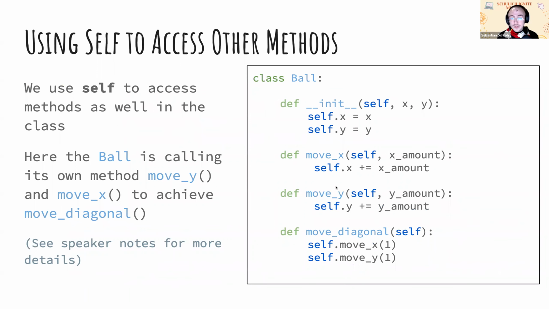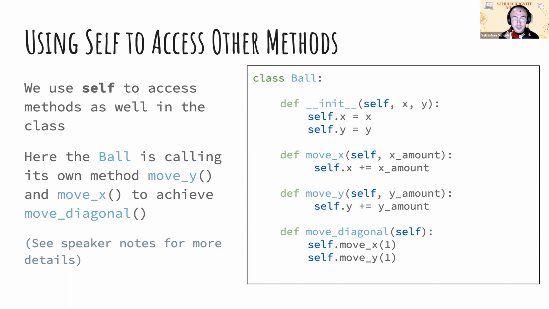And we can also use self within our classes to access other methods, kind of like how we access the properties from our constructor. On the right there, we see self.x, self.y, and if you remember from last time when we were creating our platform and our player, we could access those in other methods. You can do the same thing with methods within a class. So here, for example, we have the ball class.